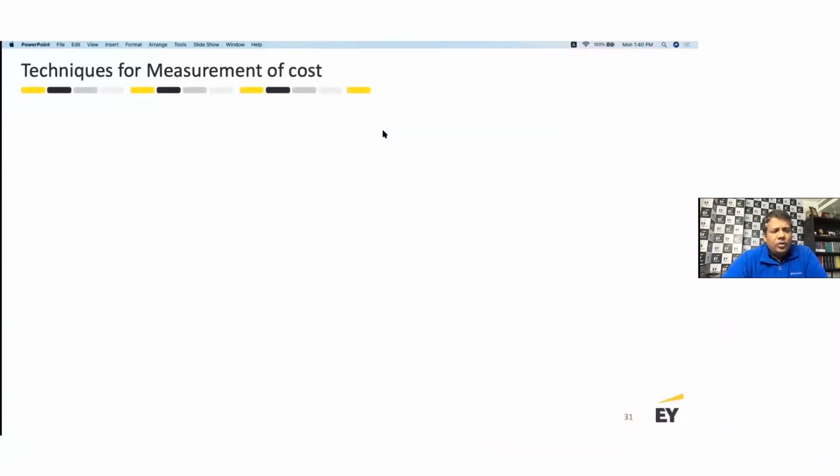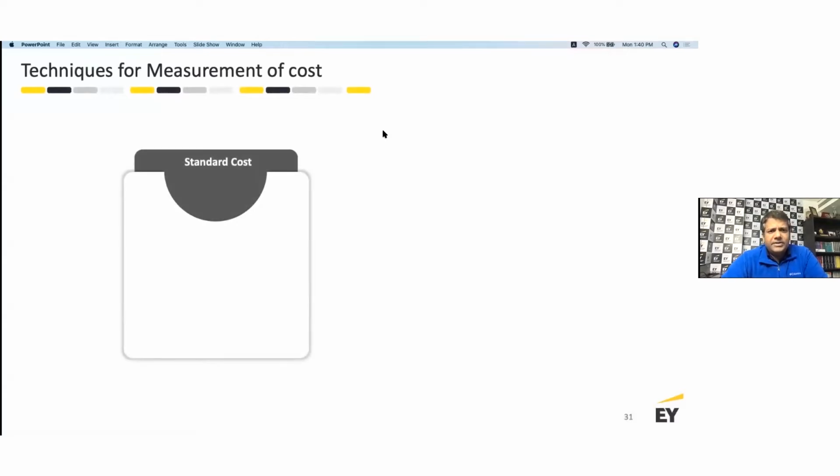So when you look at the measurement of cost, we've talked about this. It could be standard cost, or the retail inventory method. Standard cost takes into account the normal level of material, labor, efficiency, and capacity utilization.